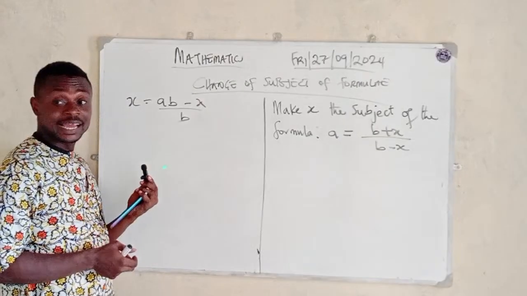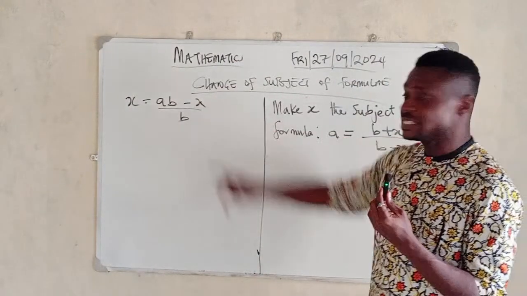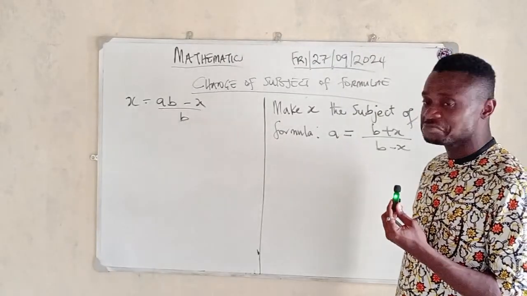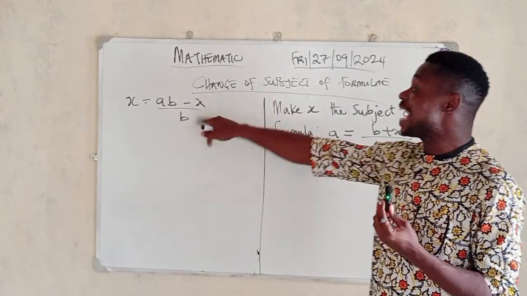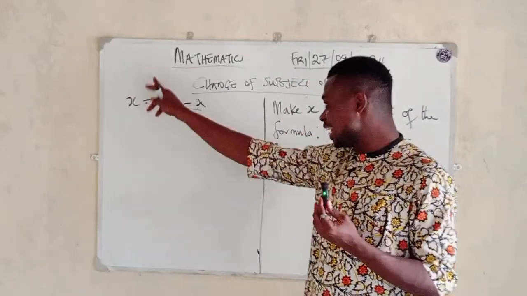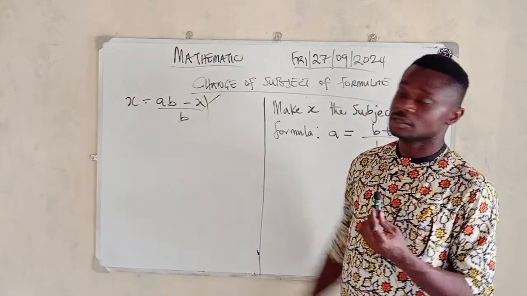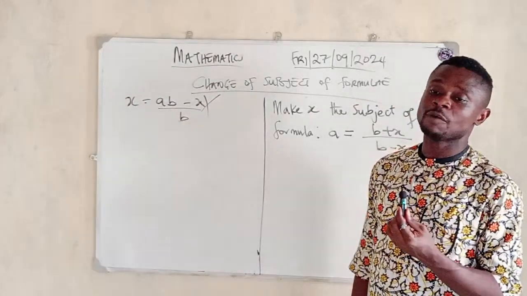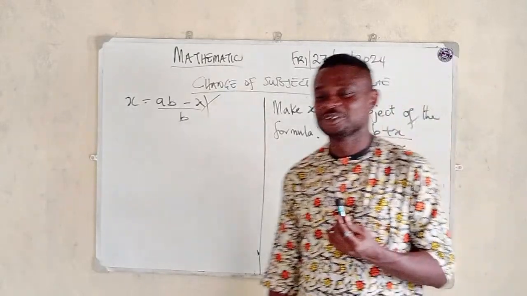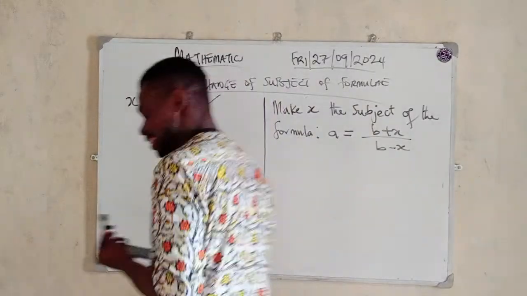You are told to make X the subject of the formula. There should be no X here again now. No X should be here at all. So it's wrong. Let me give you another 1 minute. No? You're tired of solving. All right. Let's solve it.